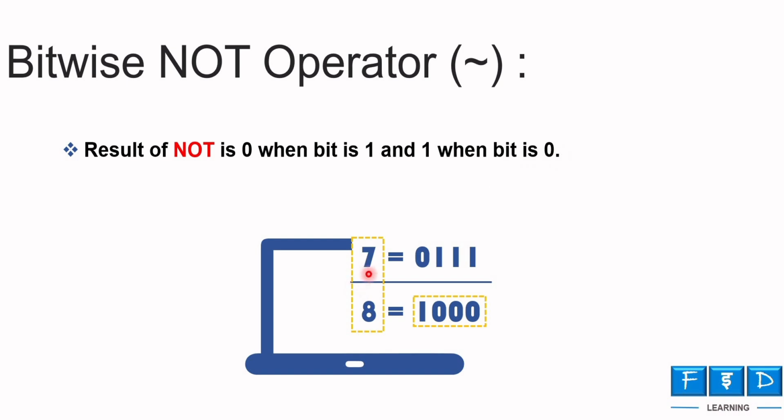Here you can see 7 in decimal, which is 0111 in binary, and the operator inverts each bit: every 1 becomes a 0 and every 0 becomes a 1. So 1 becomes 0, 1 becomes 0, 1 becomes 0, and the last 0 becomes 1, resulting in 1000, which means the output is 8 in decimal.